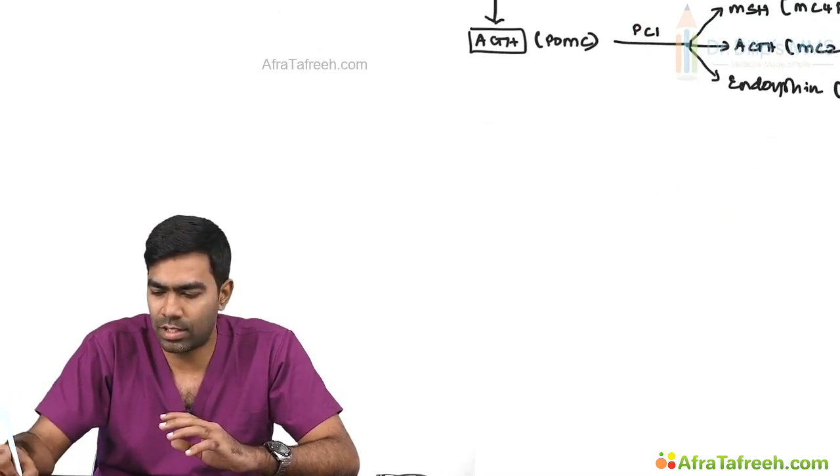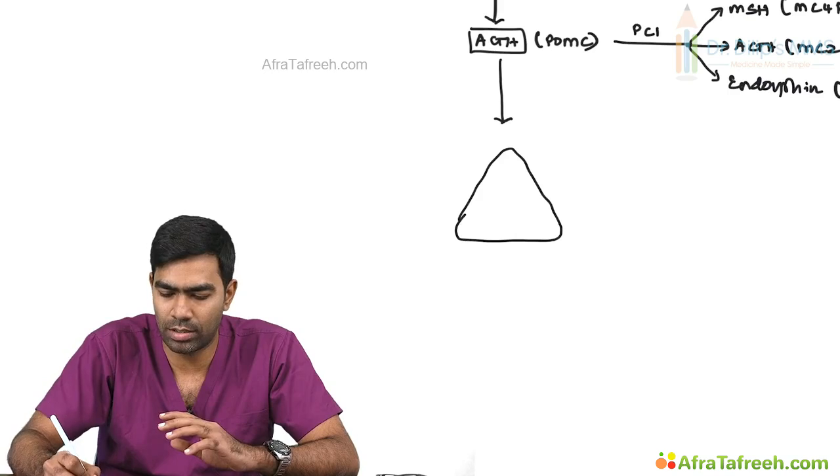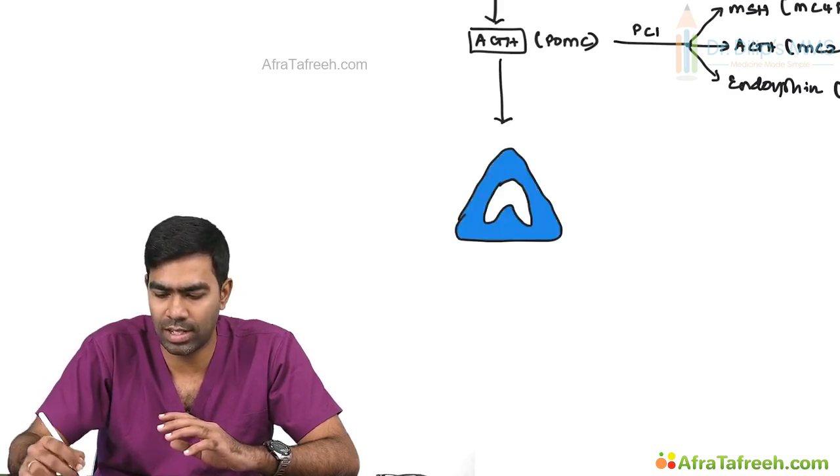Now this ACTH is going to work on the adrenal cortex, where it has trophic effects. ACTH has stimulatory effects on zona glomerulosa, fasciculata as well as reticularis, but when you consider the steroidogenic pathways, ACTH will be effective in the zona glomerulosa only up to the level of production of 11-DOC.